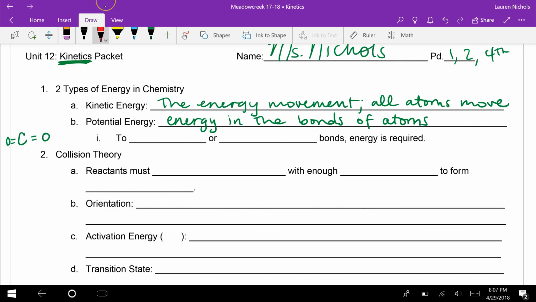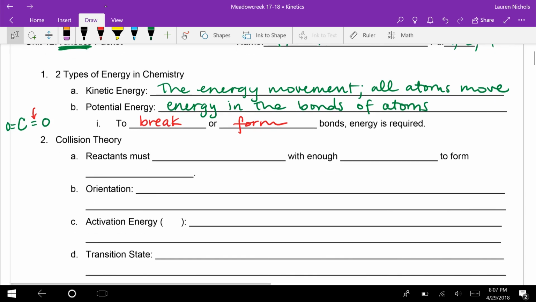In this double bond here, there's energy. And so what this means is that to break bonds or to form bonds, energy is going to be required. And so breaking and forming the bonds between atoms and then between protons and neutrons in a nucleus, that's how a lot of things work, and that's also how nuclear energy works, they're trying to make that a more usable energy source.